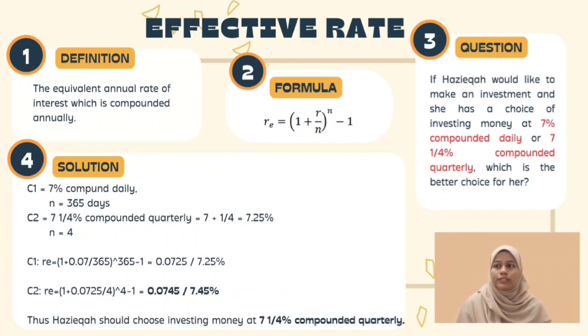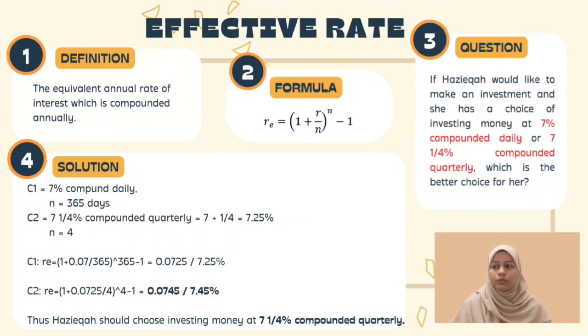For choice number 1, 7% compounded daily, N which is the period equals 365 days. And for choice number 2, 7 1/4% compounded quarterly, which is equal to 7.25%, and N equal to 4. So for choice number 1, with the formula given, we will get 0.0725, which is equal to 7.25%.